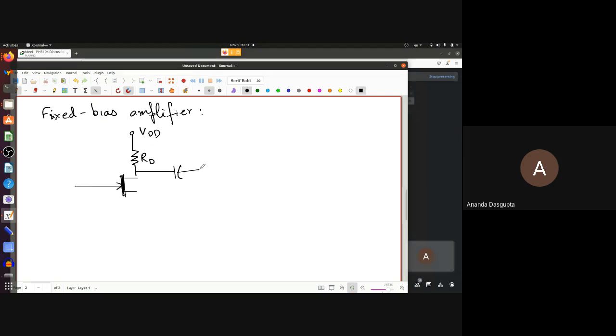The actual circuit looks essentially like this. Then you have an RG and a VGG. Remember the source here is shorted to the ground. This VGG is required to make the gate go below the source, and hence you will have the gate channel PN junction reverse biased. And then you have this.